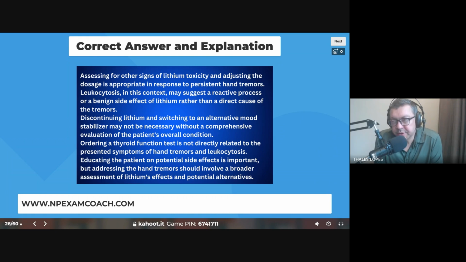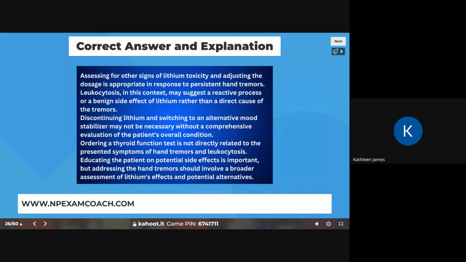And the discontinuation is because of the tremors. Should we assume persistent hand tremors mean toxicity? It didn't say cause, it said persistent. No, it didn't say toxicity.